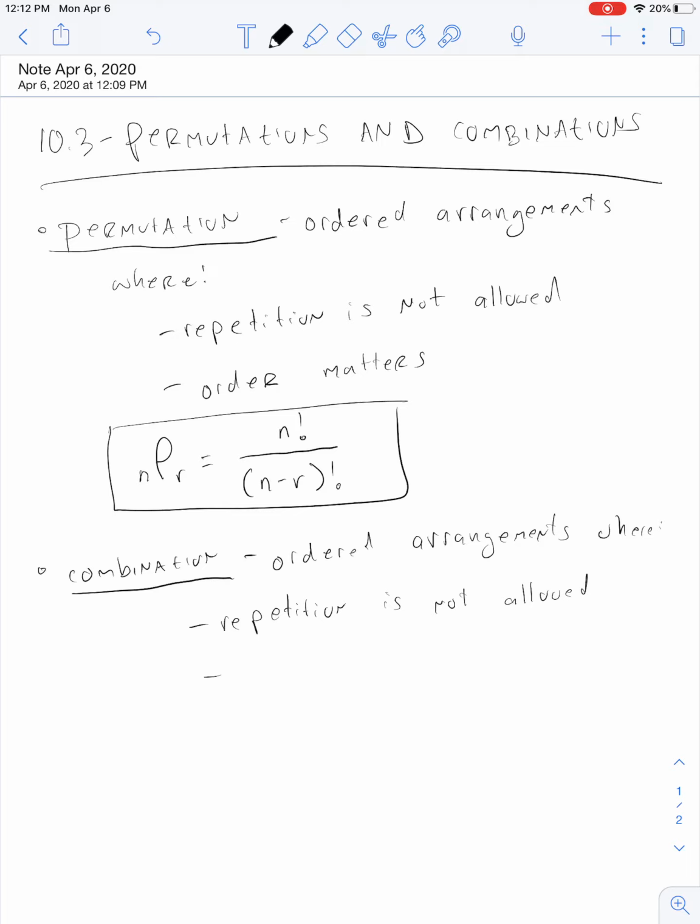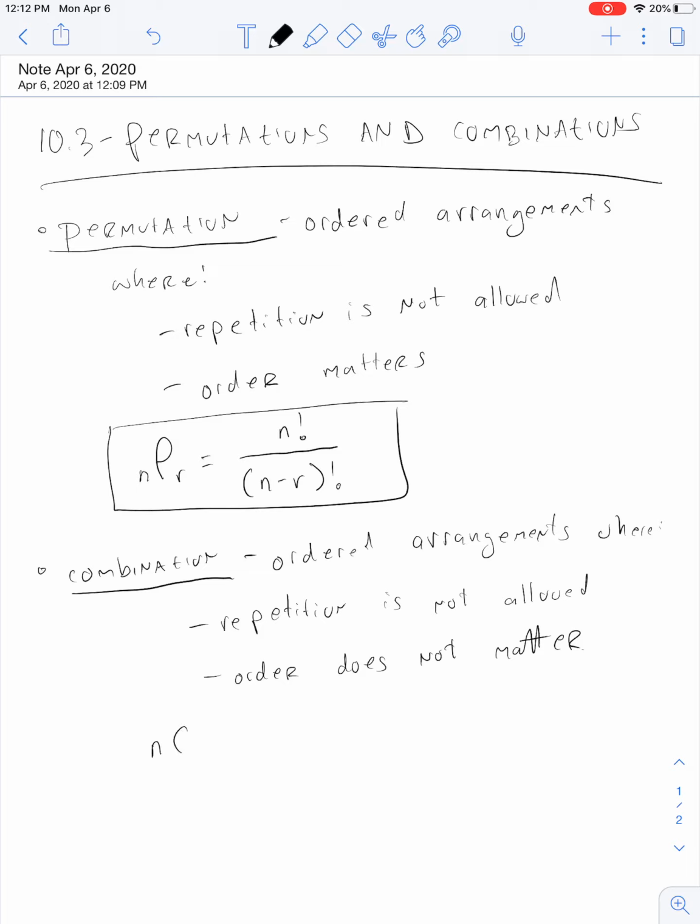But here, with this example, order does not matter. All right, so permutation and combination are very different. And even the formula for combination is different.